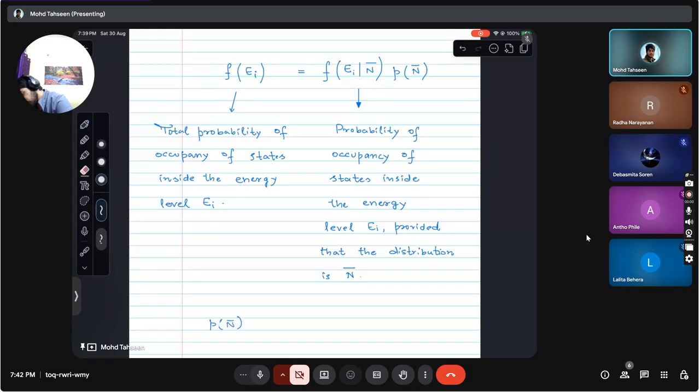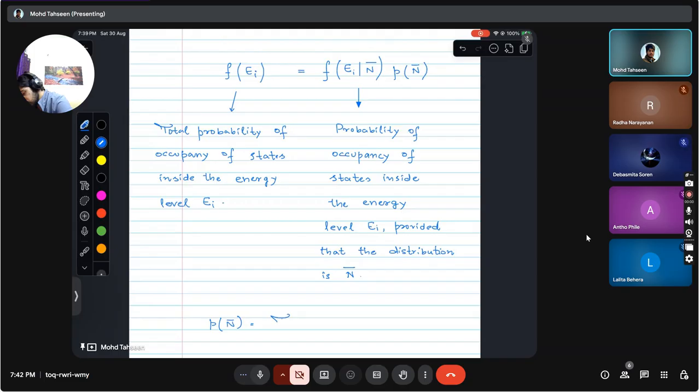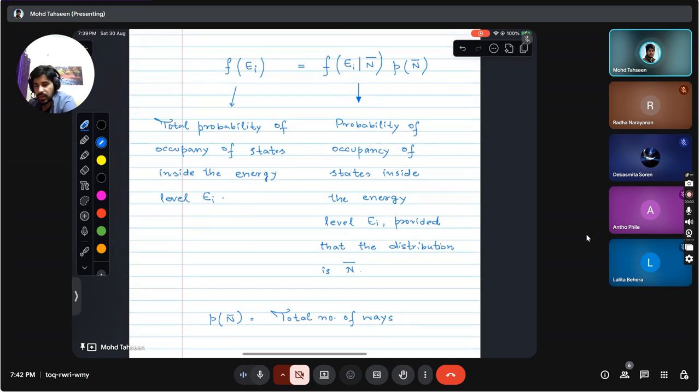P of n bar is a probability, the probability corresponding to that state n bar. What's the probability among all the distributions that the system can have? What is the probability that the distribution is n bar?